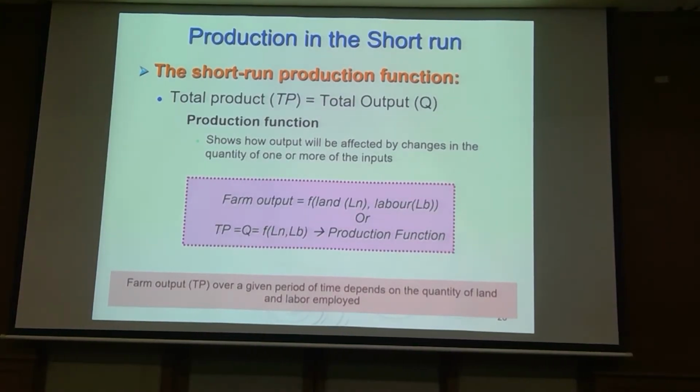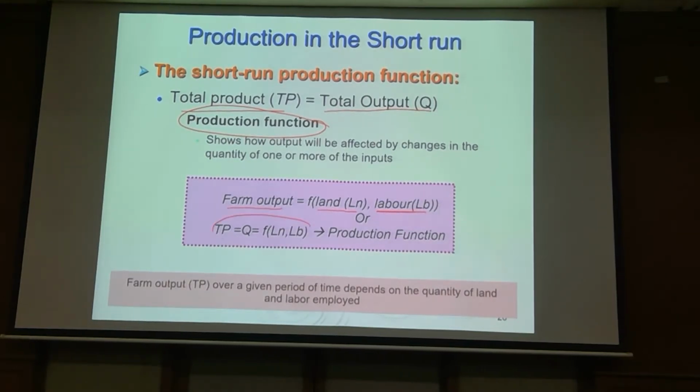Okay? So here, that's what I mentioned before, right? In addition to calling the output Q, which we regularly do, we can call it the total product as well. When we talk about the production function over here, we said the farm output is a function of the fixed factor, which is the land, and the variable factor, the labor that we employ.